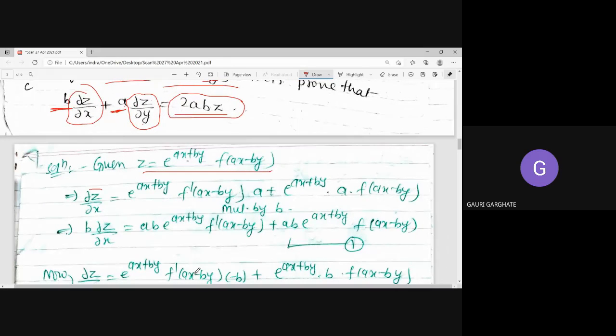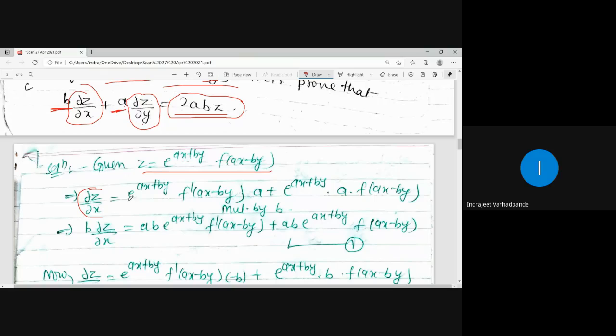So del z by del x, while differentiating partially with respect to x, what will be treated as constant? Y. So first term and second term, both the terms are containing y as well as x. So which rule will be applicable? Product rule is applicable.